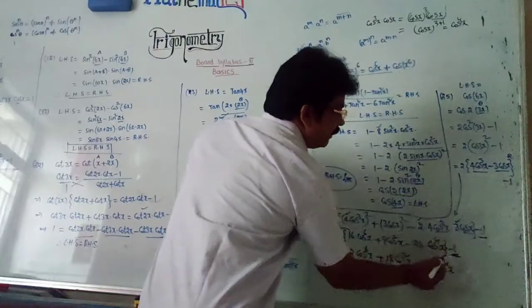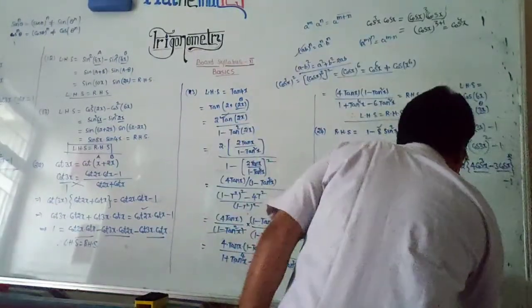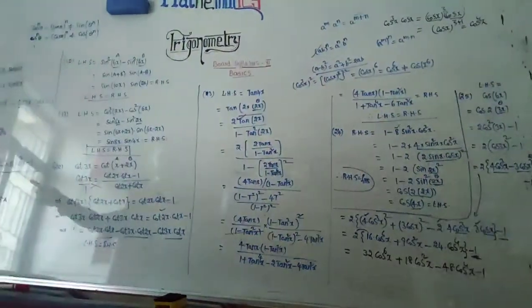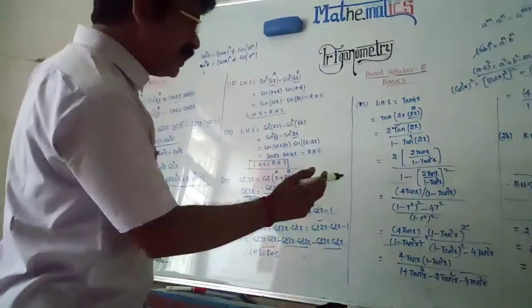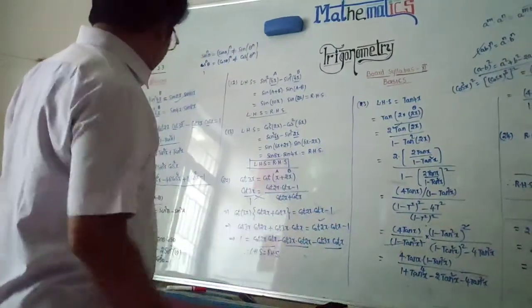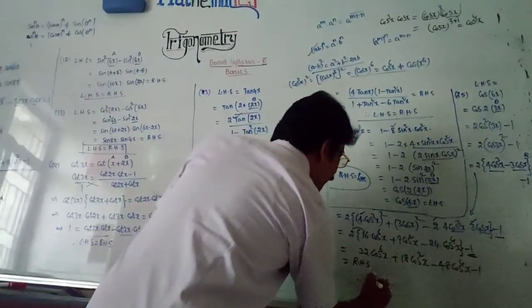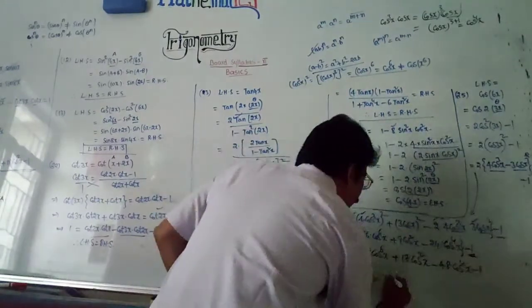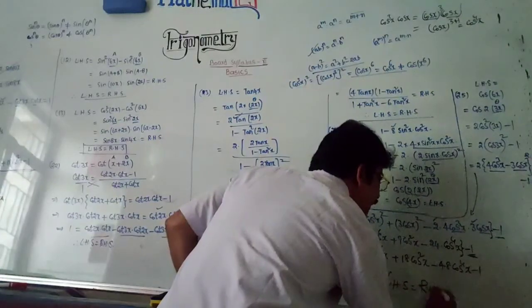You can verify that. 32 cos power 6x is there. Yes. Minus 48 cos to the power of 4 is there. Yes. Next 18 cos square is there. Yes. Lastly minus 1 is there. Yes. So it is nothing but the RHS. Therefore left hand side is equal to right hand side. Hence proved.